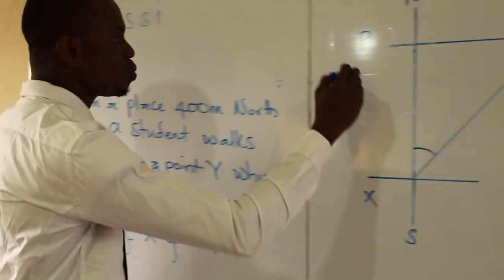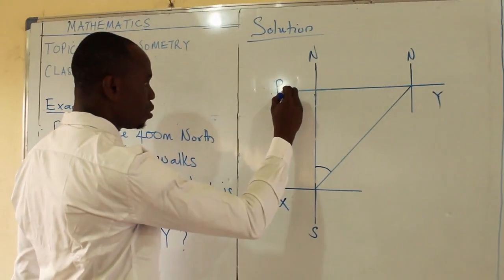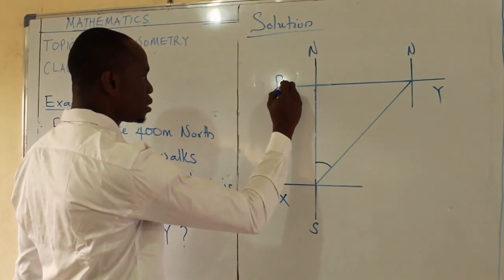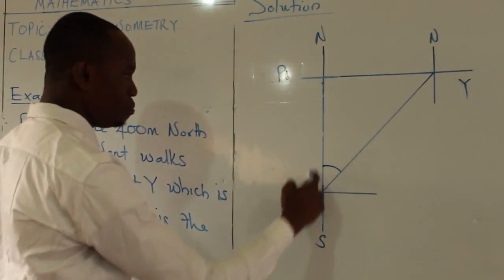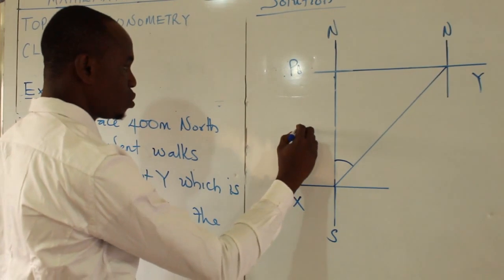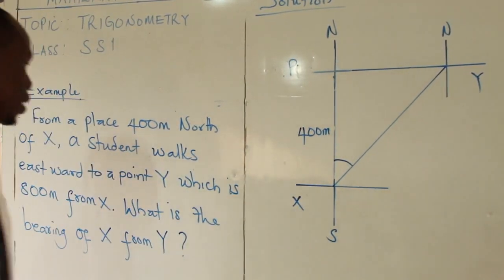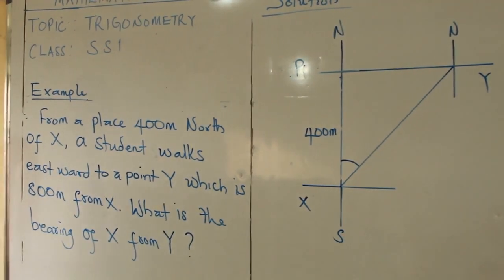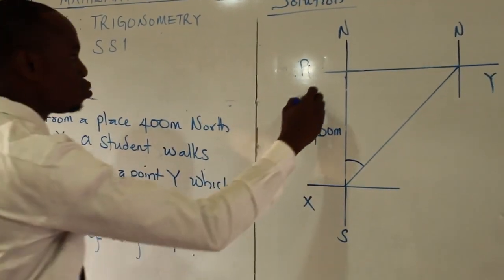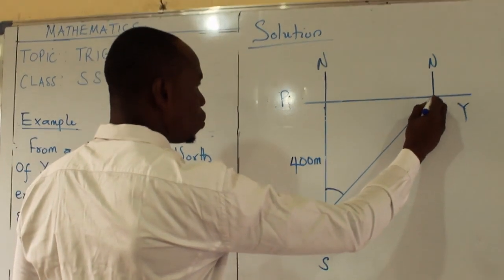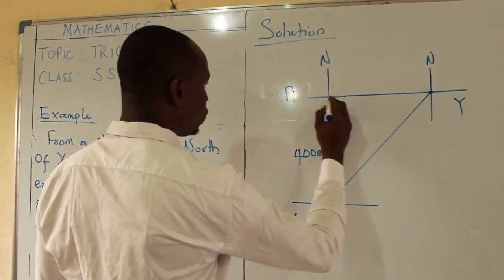So this is the place where the student is walking from, and this place is 400 meters from X. So we label this part to be 400 meters. And the question also says that this student walked to a point Y, which is eastward of this place.